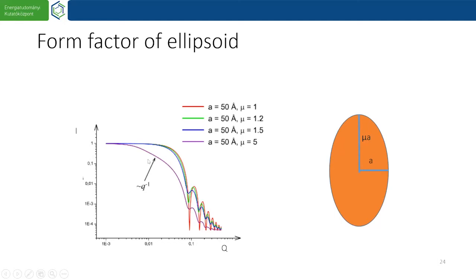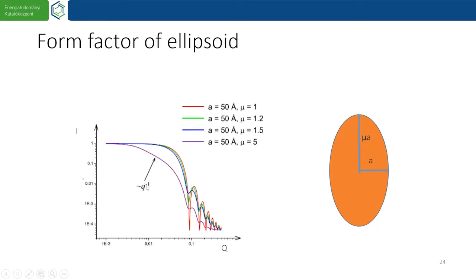Now this part of the curve comes from another chapter. There is a theoretical model of an elongated particle, which is a cylinder that is very long in one direction and very thin in the other two directions. The scattering pattern from a cylinder will have an asymptote, a part of the scattering curve which is linear in this double logarithmic representation.